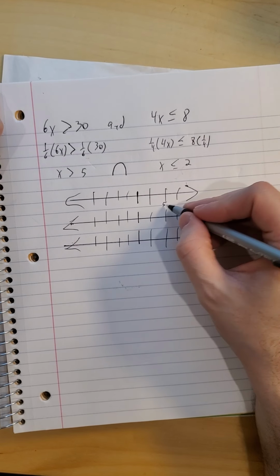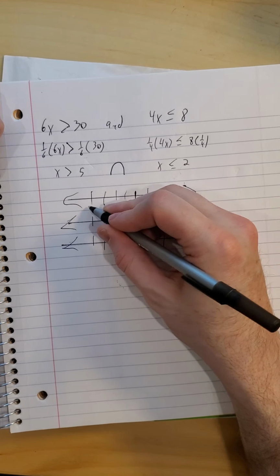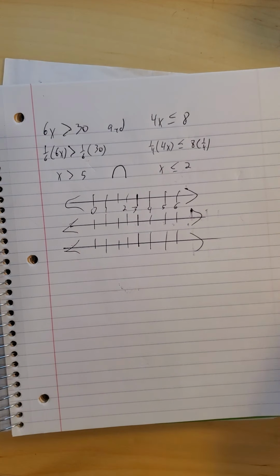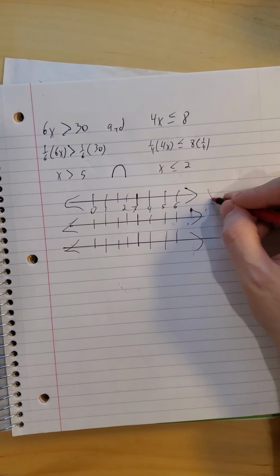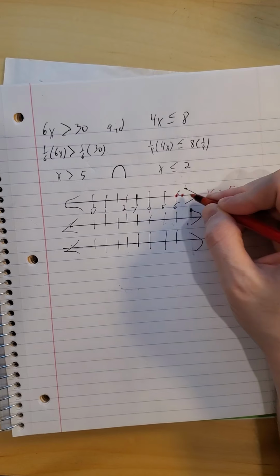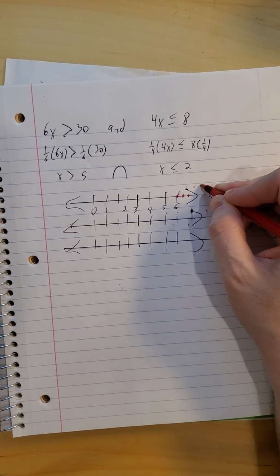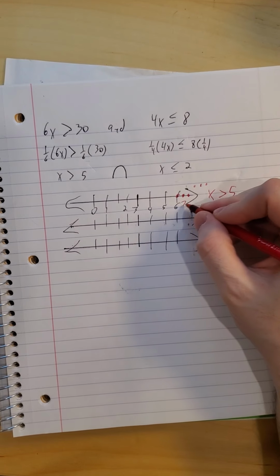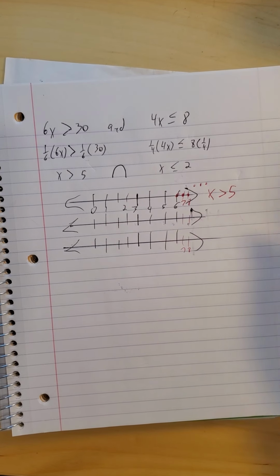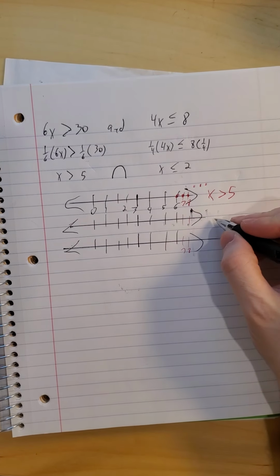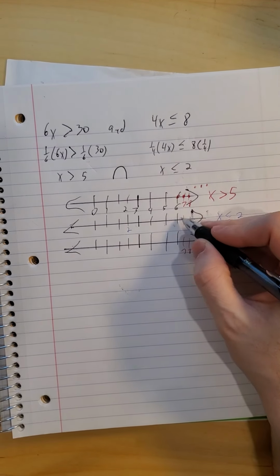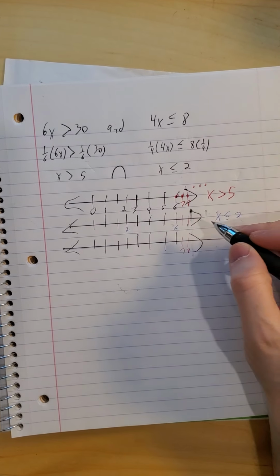So maybe put the 5 here, 4, 3, and 2, 1, 0, and a 6 here. Okay, so that's the scale for all 3 of them. So our first one, I'm going to sketch x is strictly greater than 5. So that would be the 6, a 7, an 8, and so on. Next up, we'll sketch x is less than or equal to positive 2. So here's the positive 2. For reference, here is our positive 6.